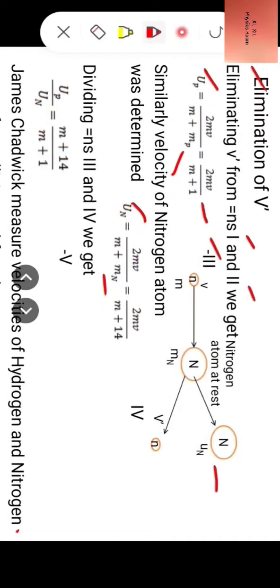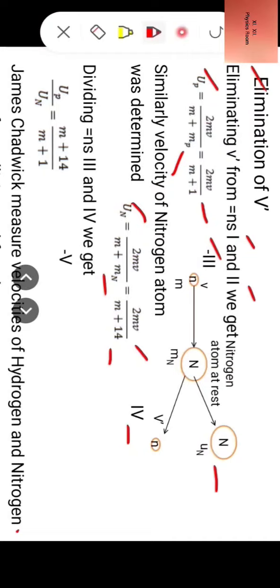When we replace mn by 14, because 14 units is the mass of the nitrogen atom, un is equal to 2mv divided by m plus 14. Thus velocities of hydrogen atom and nitrogen atom were measured. Let us mark it as equation 4. This is how James Chadwick measured the velocities of hydrogen atom and nitrogen atom after head-on collision with the neutron.